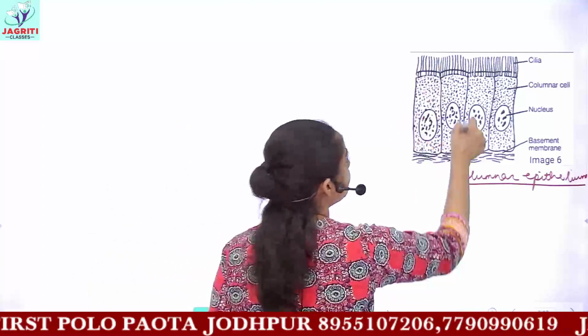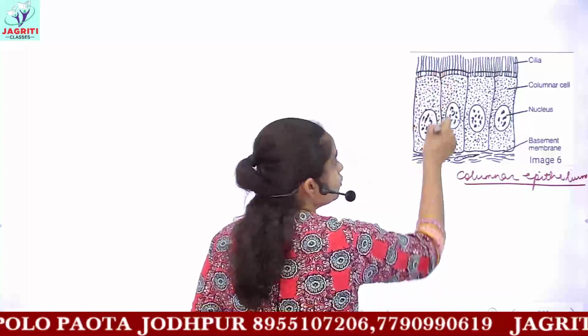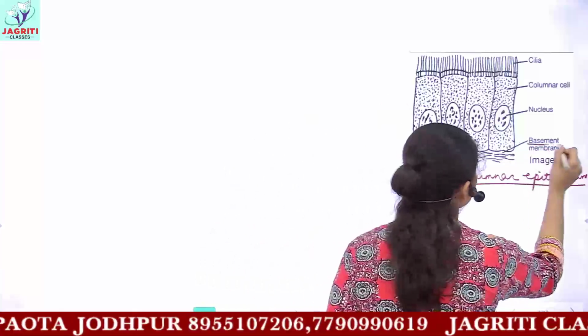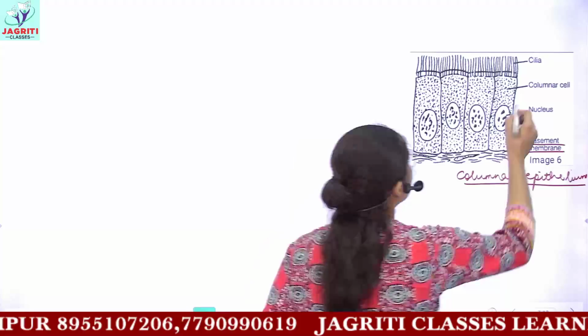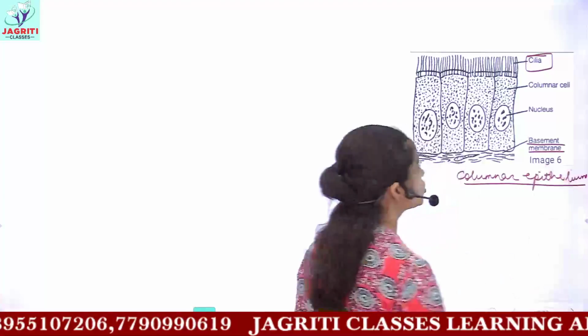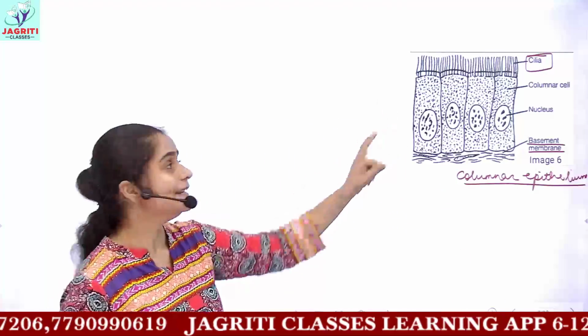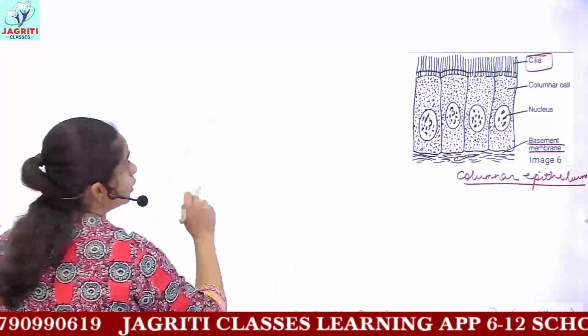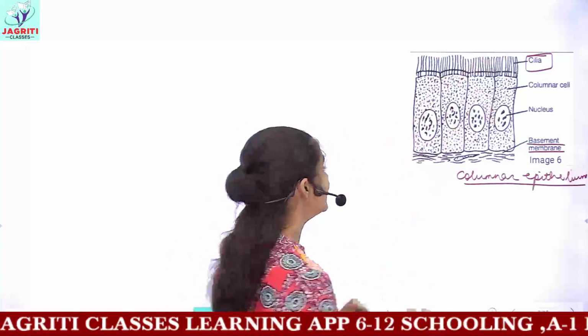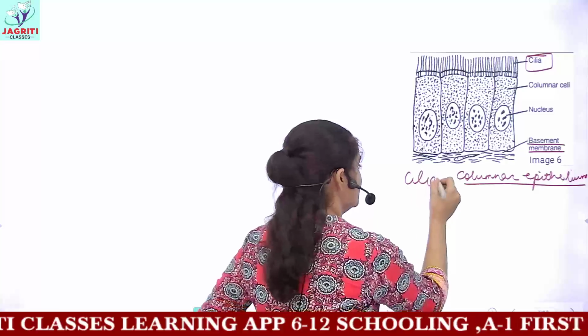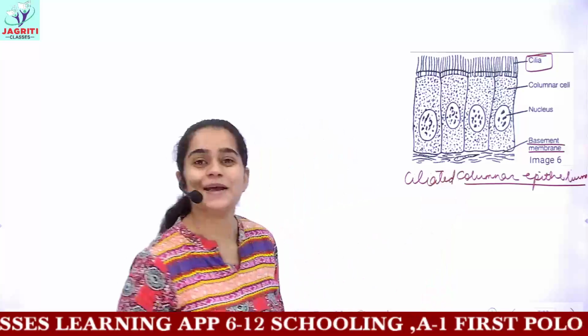You have the column-like cells, you have nucleus, you have cytoplasm, then you have this basement membrane. What is the difference between the two diagrams? In this diagram we have an additional structure, that is the presence of cilia. Because this columnar epithelium contains cilia, it is called ciliated columnar epithelium.